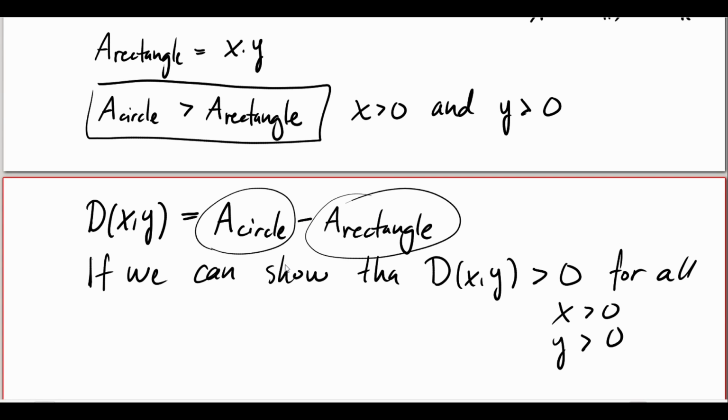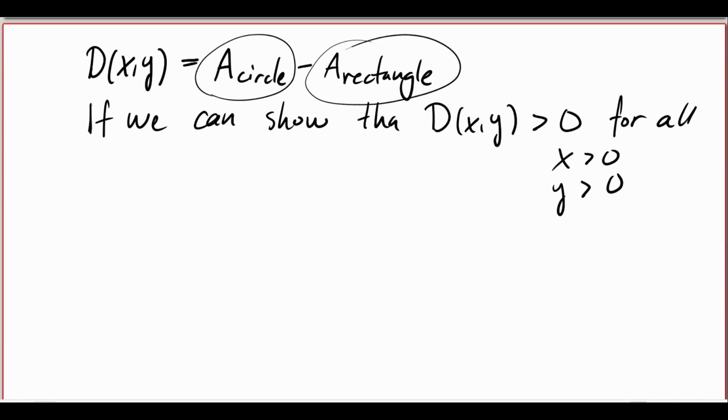Because the difference will be larger than 0. So we can express this function d of x y, which is x plus y squared divided by pi minus xy.